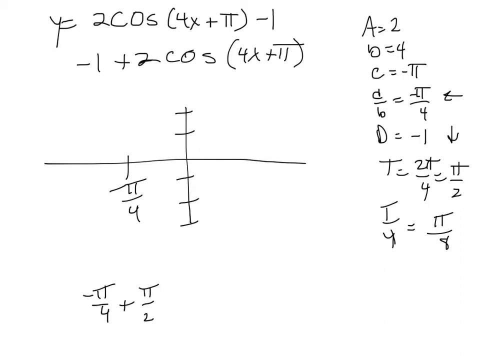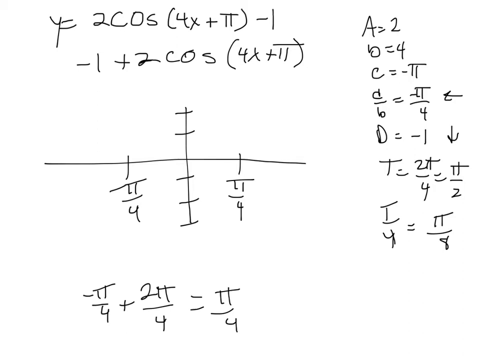Well, pi over 2 can be rewritten as 2 pi over 4. So I have 2 of something minus 1 of something is going to equal 1 of that something, pi over 4. So then we have pi over 4 here.